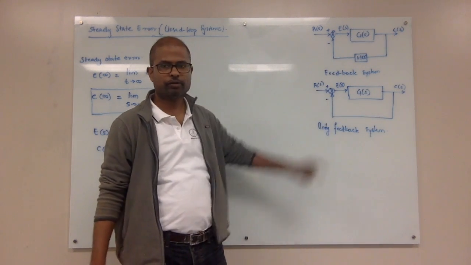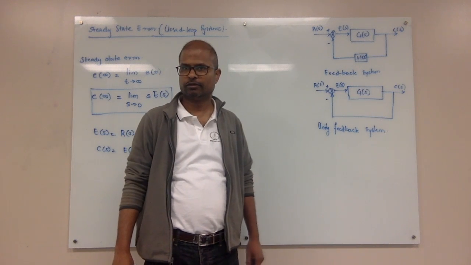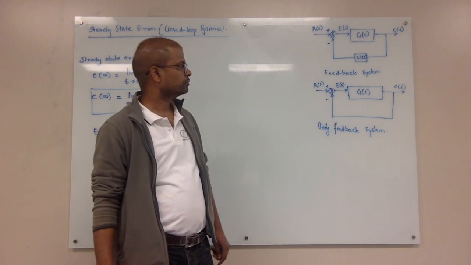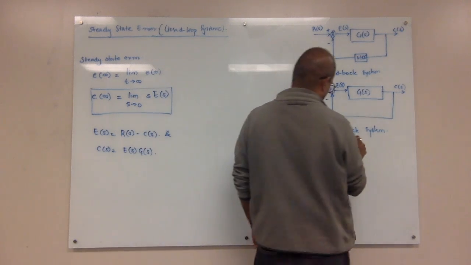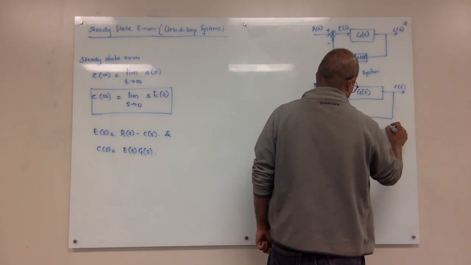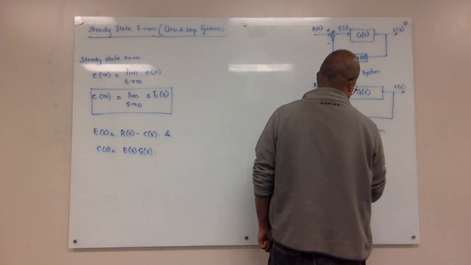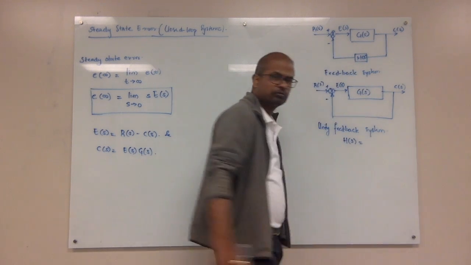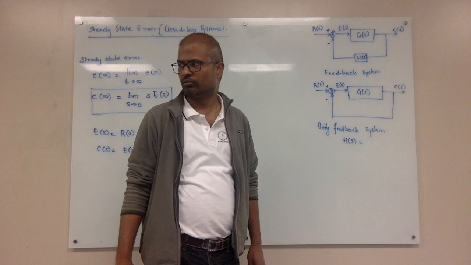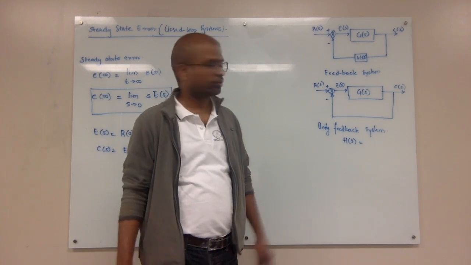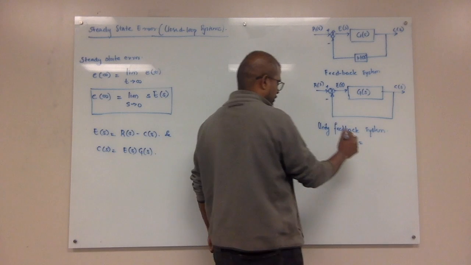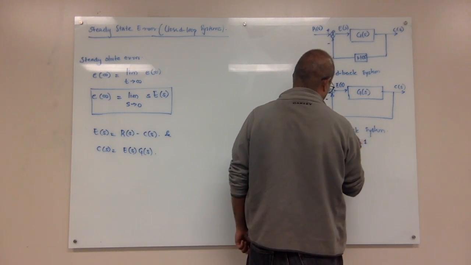Why is this a unity feedback system? Anybody? H of S is there. What is the value of H of S here? This is 1. Okay.